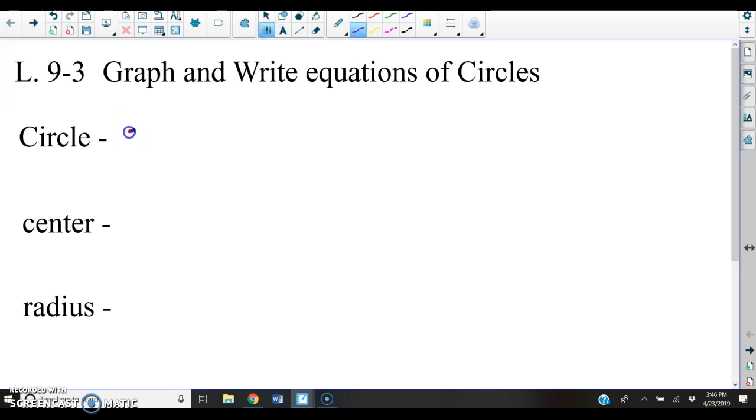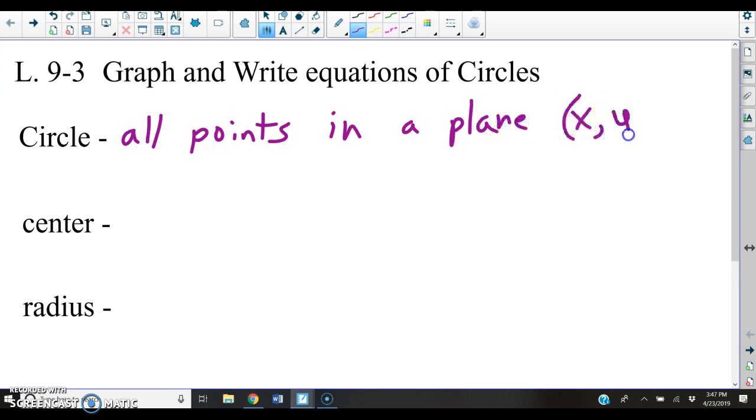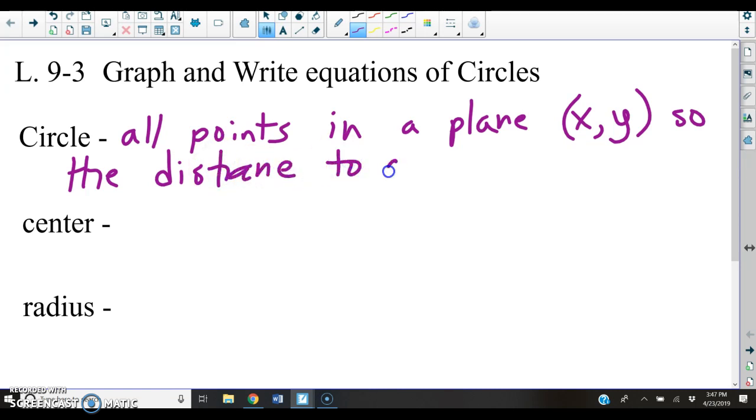So when you find an equation of a circle or draw a circle, the definition of a circle is all points in a plane, so all points would be x, y, so their distance to a center point is constant.